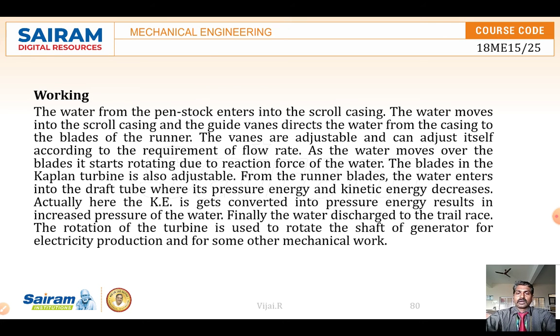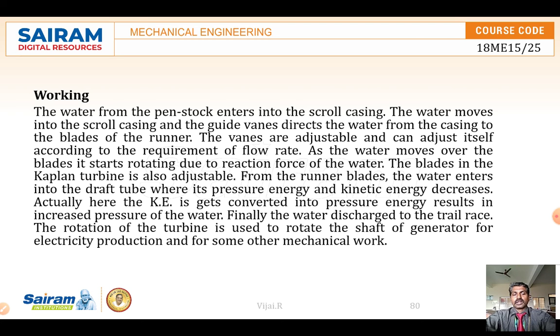And we can summarize it simply. The water from the penstock, that is from the dam, enters through the penstock into the casing. The water enters into the casing and passes through the guide vanes, which are already fixed for guiding the water from the casing to the runner blade. Now the water hits the runner blade, and because of the reaction force of the water, the blade is going to be rotated.